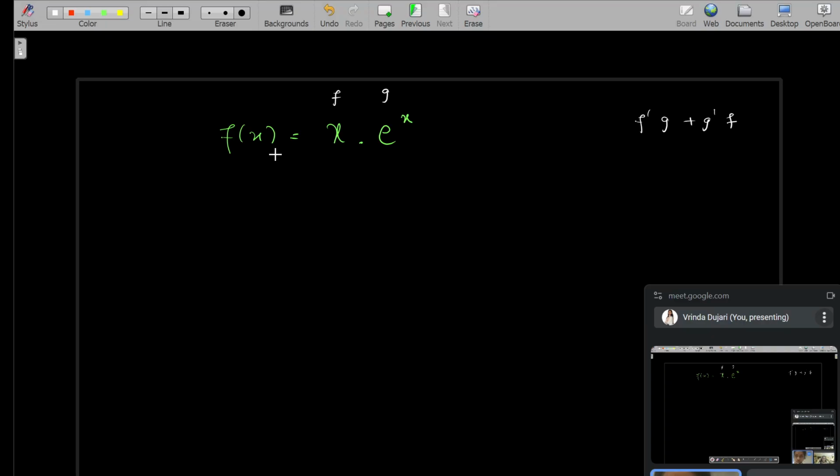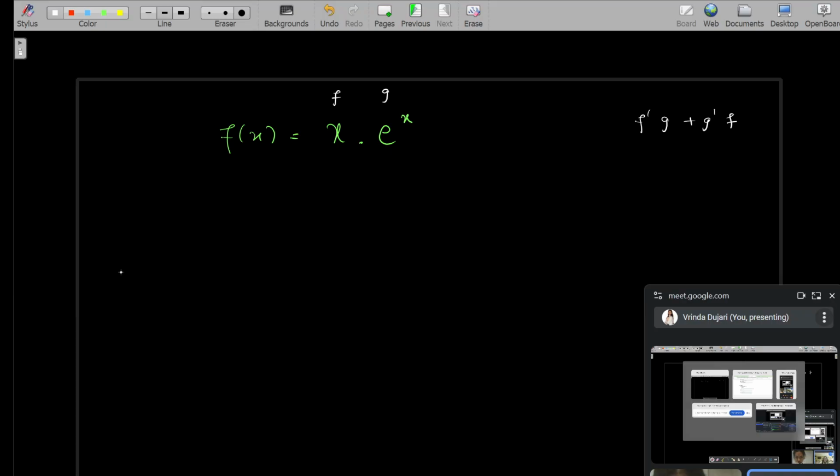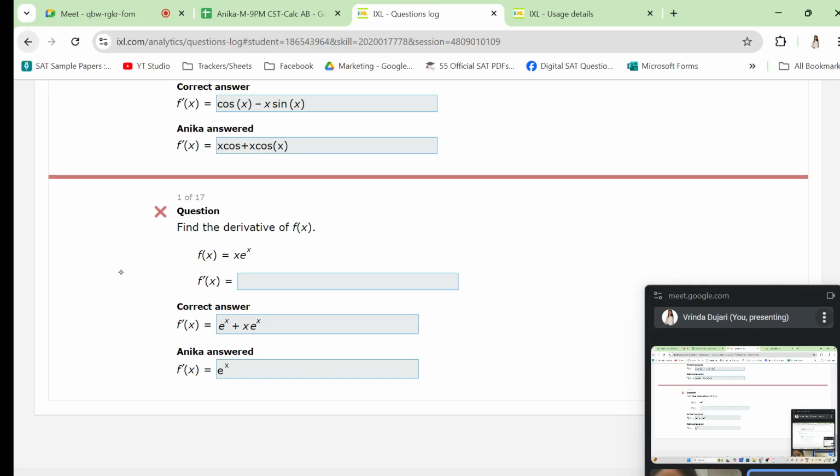I'm getting e of x plus e of x times x. Yes, that is correct. E of x plus e of x times x, that is correct. I think e of x plus x times e raised to x.